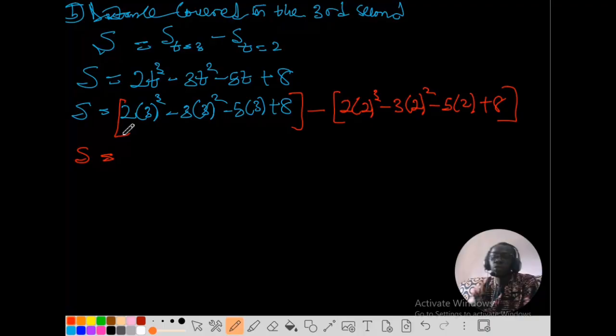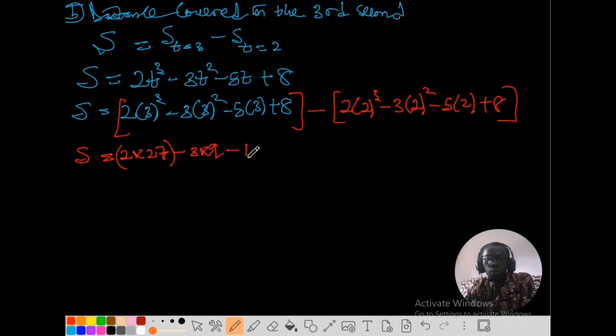So for this first part, x, which is the distance, will be 3 raised to power 3, 3 times 3 times 3, and that will give you 27. So you have 2 multiplied by 27, minus 3 times 3 raised to power 2, which is 9, then minus 5 times 3, 15, plus 8.